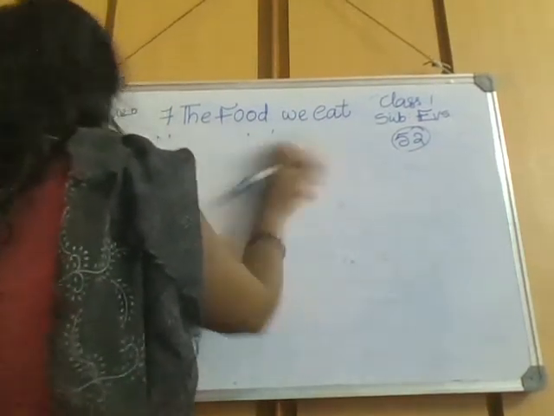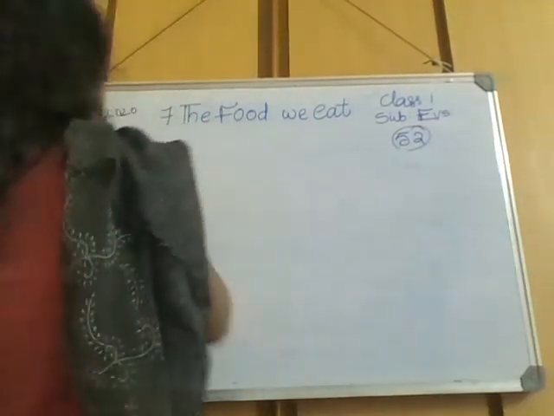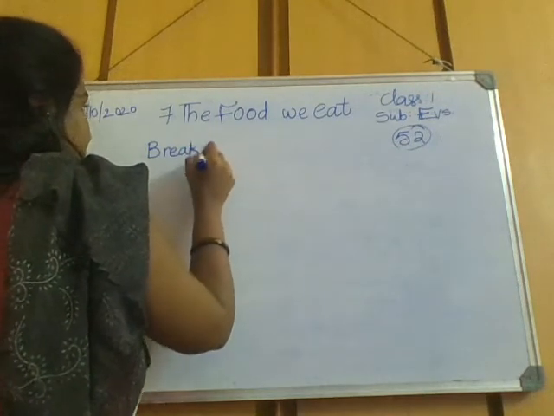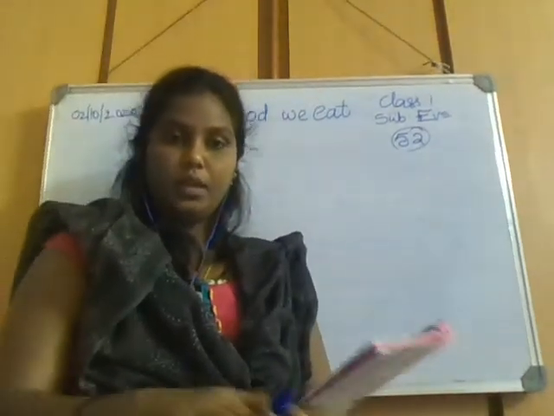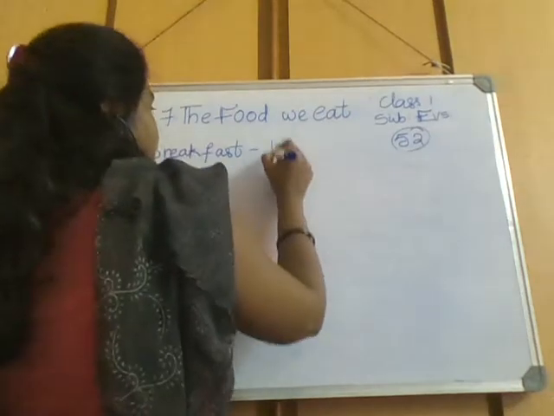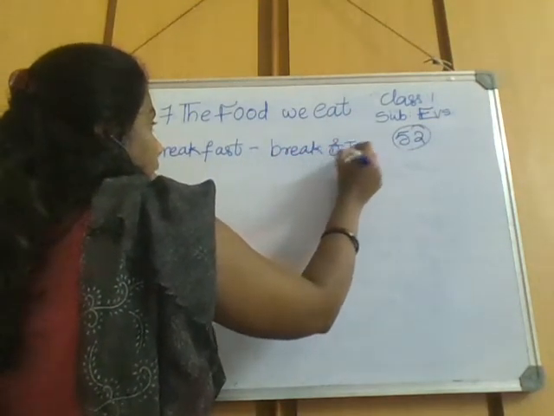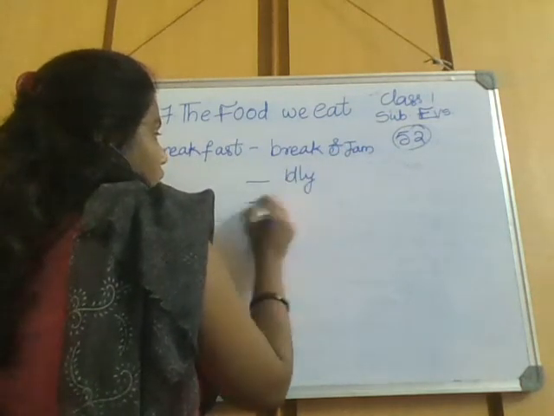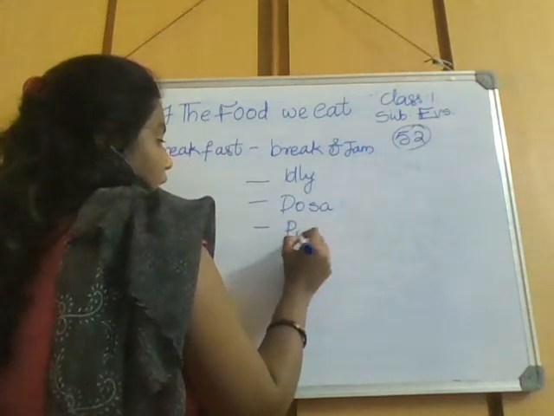And coming to the things, what will be included in the breakfast? What can you include in breakfast? What will you take in the breakfast? You can take bread and jam, right? Otherwise, idli, dosa, puri.